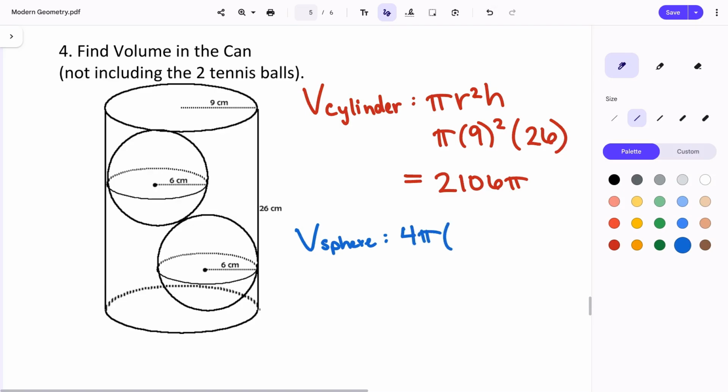What's the radius of the sphere? 6 to the third, all over 3. That's for 1. What do I need to represent both of them? Times 2. So a little bit different than what we did on the last one. The last one we had to divide by 2. This time we're going to multiply by 2 because we're doubling the amount of spheres that we have in our picture here. What does that come out to be?